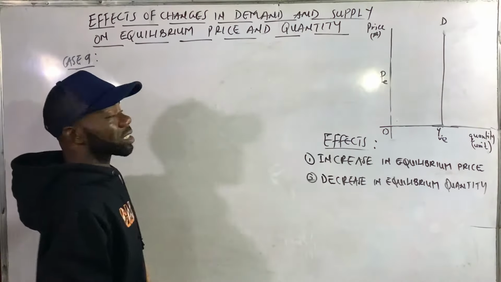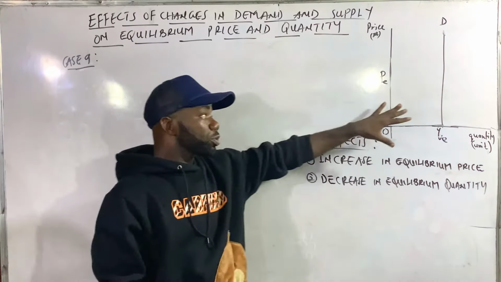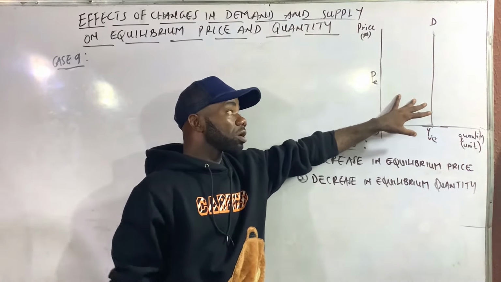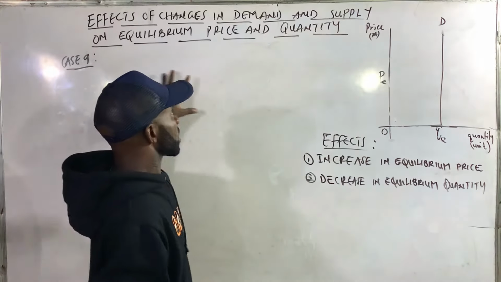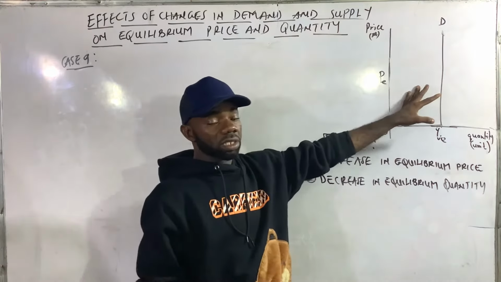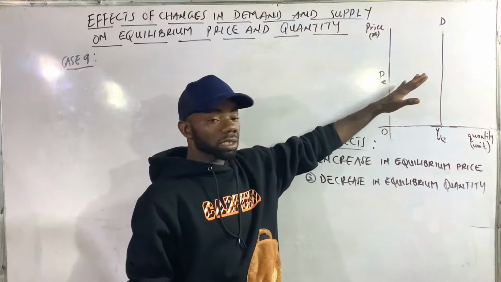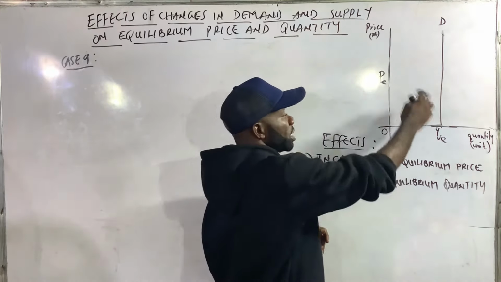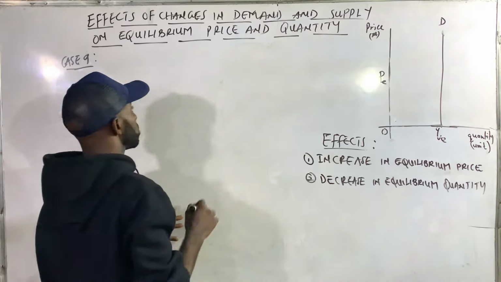Case number 9, as we mentioned earlier, we have been able to reproduce a new demand curve that we're going to be using. This kind of demand curve is not unitary, and as I will say, they are not regular cases, they are called special cases. This kind of demand curve is a perfectly inelastic demand curve, because you can see that prices can change and quantity demanded won't change. But that's not what we're majoring on.